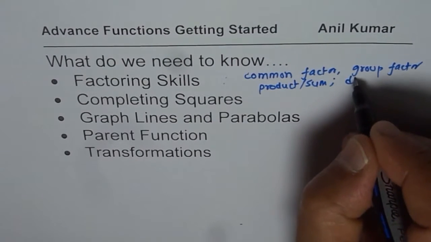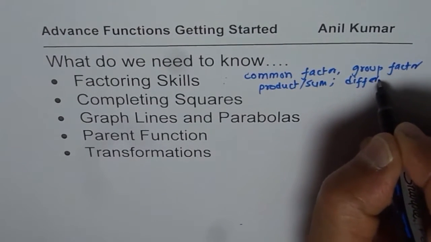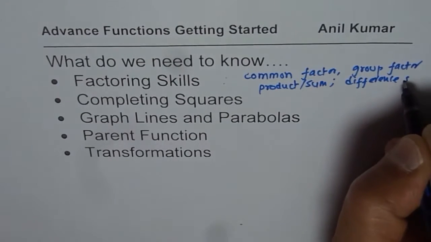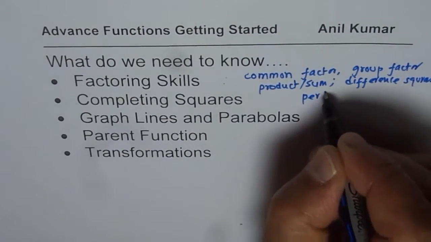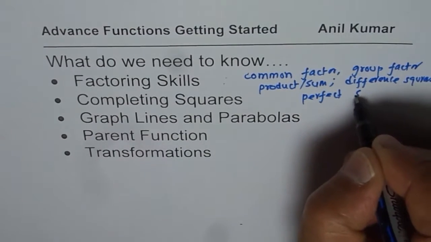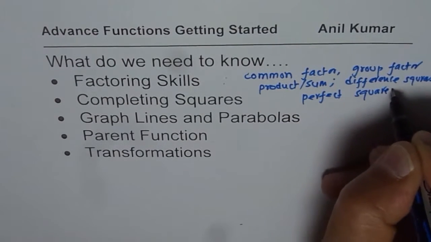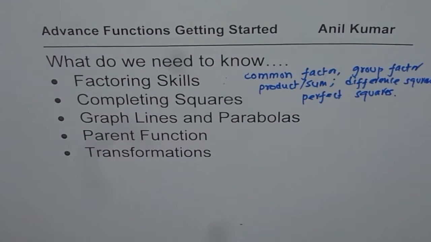We could have difference of cubes and difference of squares. Let me write difference of squares here. And we can also have perfect squares. So these are a few things which you have learned, and you'll find a link for these things. We'll discuss it in a separate video.